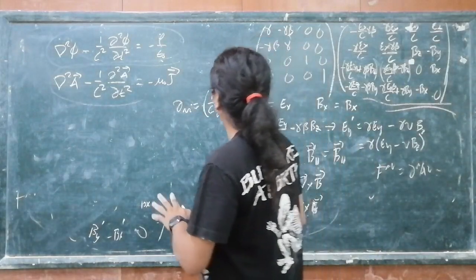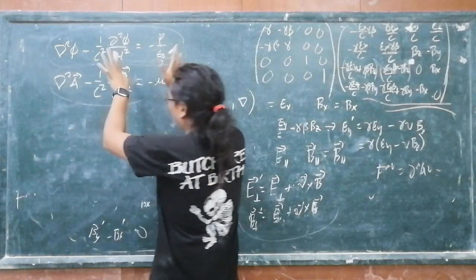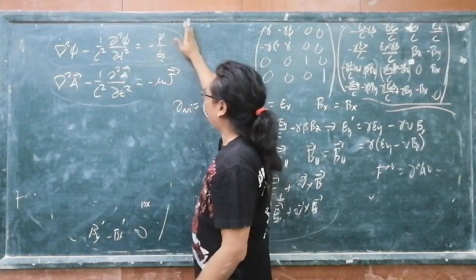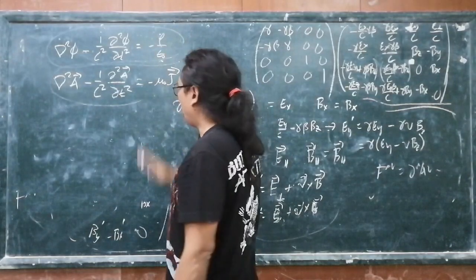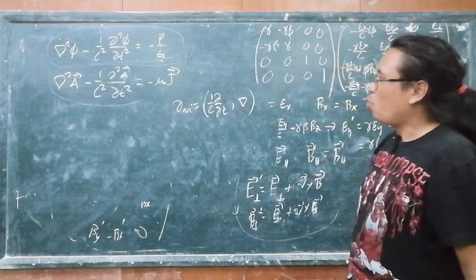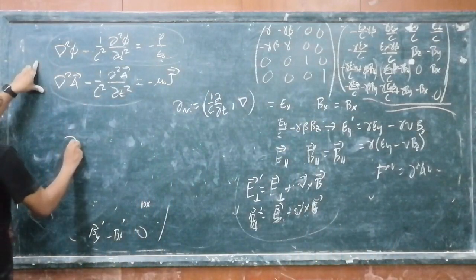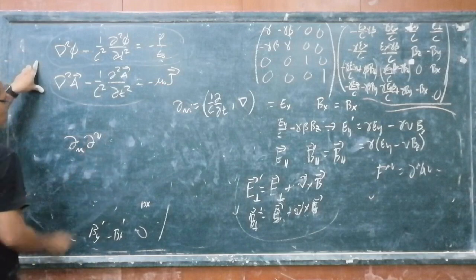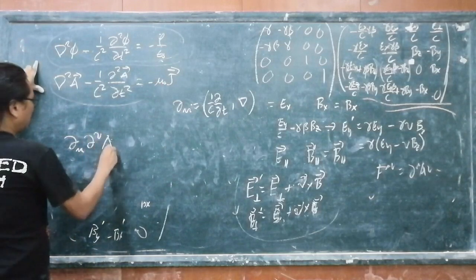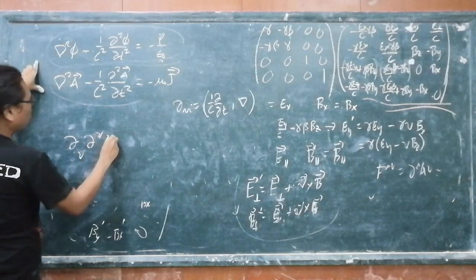Now, if you look at it, it looks like there is a, I'm not saying that this is purely temporal, and this is spatial. But we can combine this into one single equation just by using this. Partial mu, partial nu, A, no, not partial nu. That is partial nu, A mu.